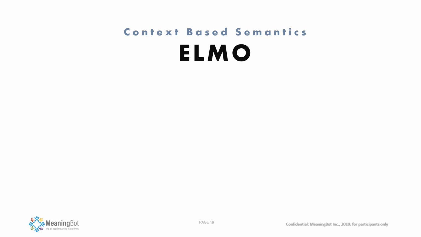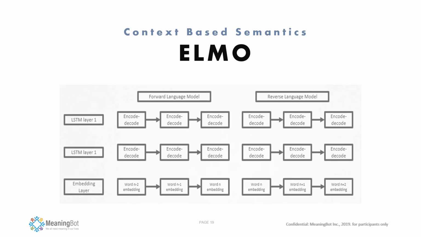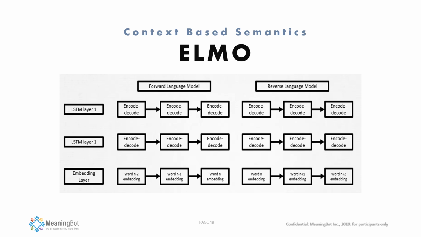In terms of context-based semantics, ELMo is an acronym for Embeddings from Language Models. It's not the Sesame Street character, although I wish it were. This method uses a variant of recurrent neural networks called bidirectional LSTM networks. These networks have long short-term memory, and hence can generate word embeddings based on the context of the focus word.